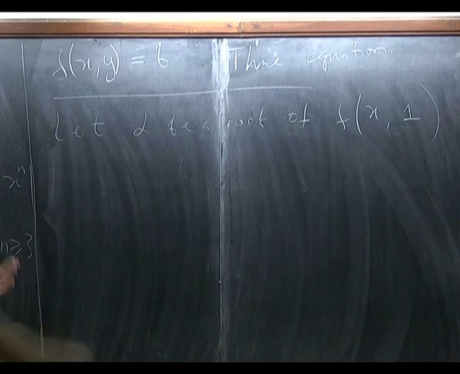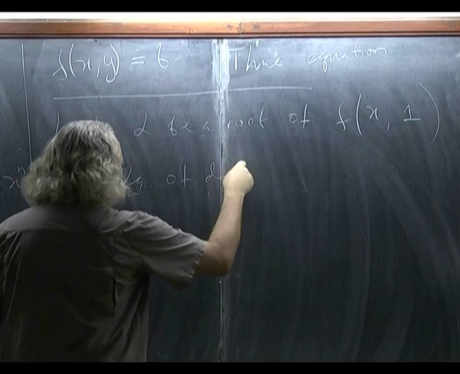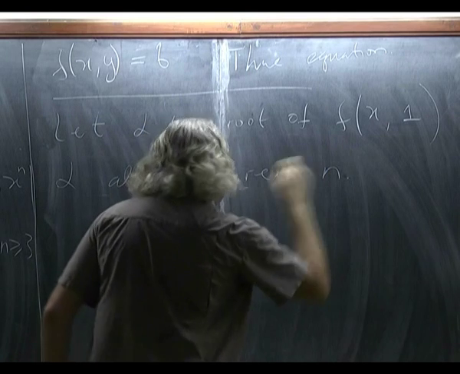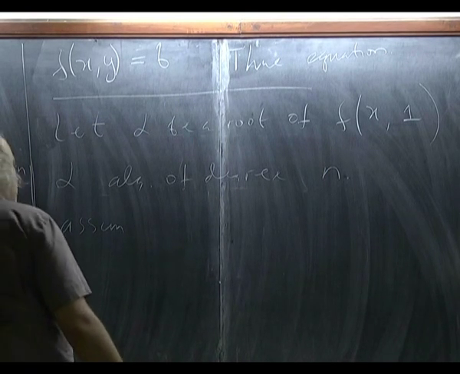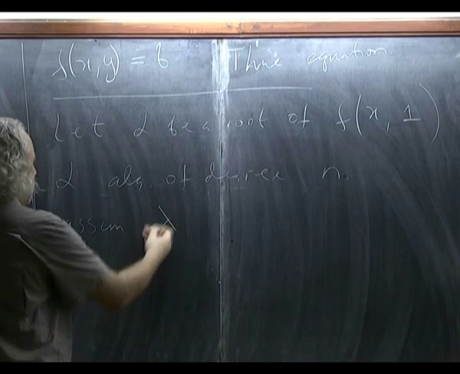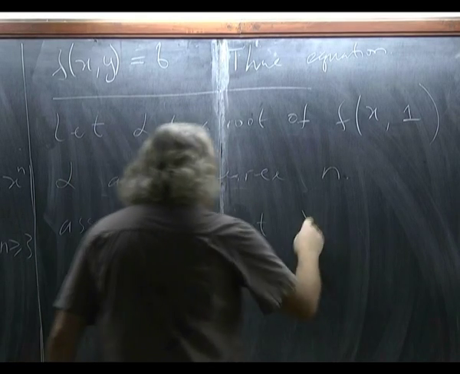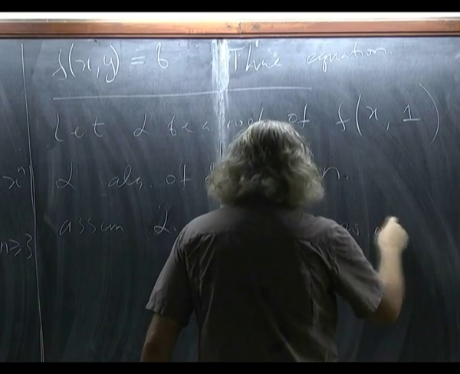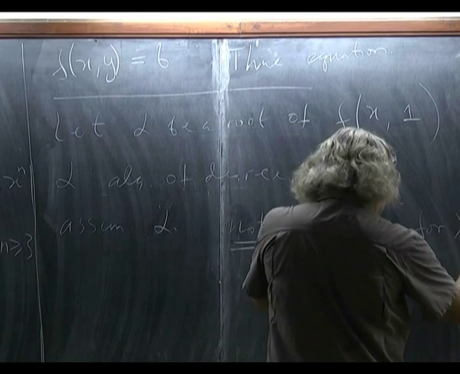Then alpha is algebraic of degree n. And assume that we manage to prove that alpha is not lambda well approximable for some lambda smaller than n.